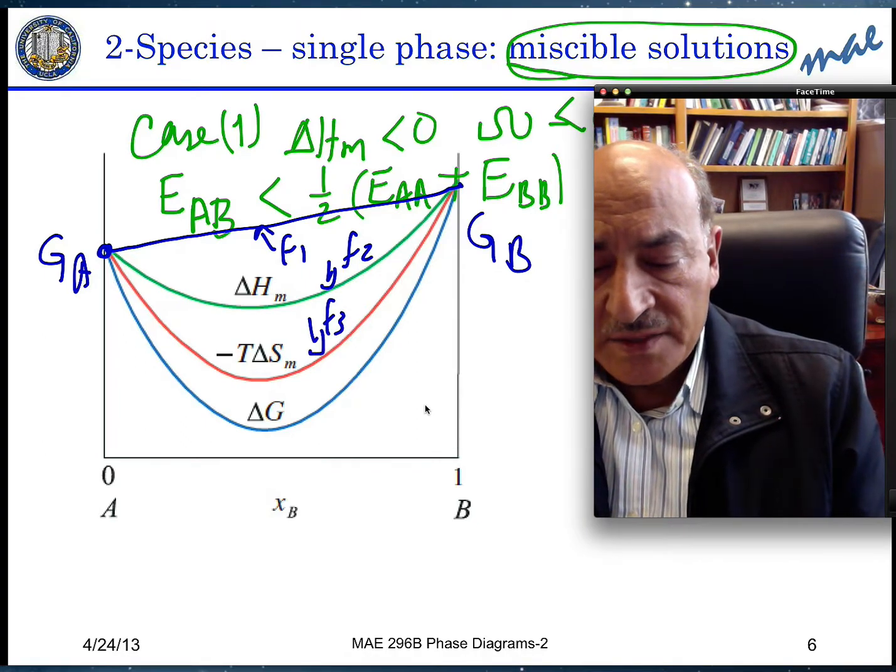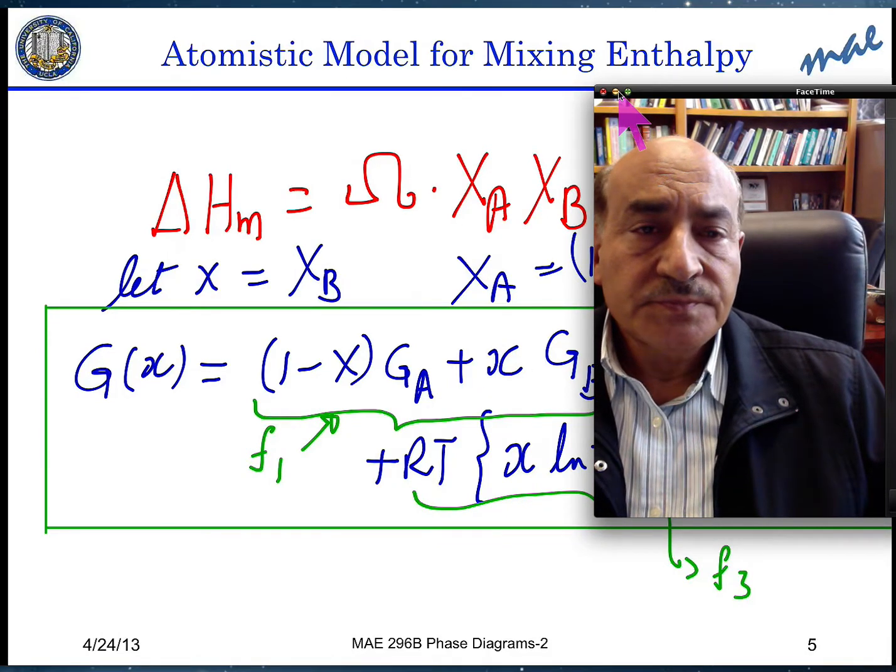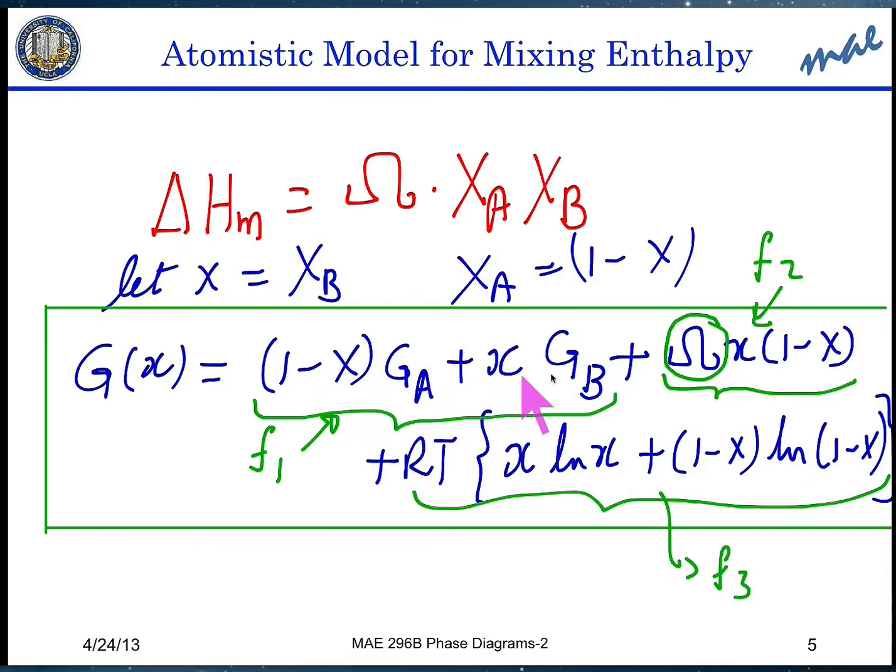So if we look at our F1, it is the linear straight line between GA and GB, and F2 is like a parabola, but it has a negative amplitude that makes it go negative, and then F3 is basically the entropy term, and the entropy term has natural logs, so it gives it that kind of curvature that we've seen.